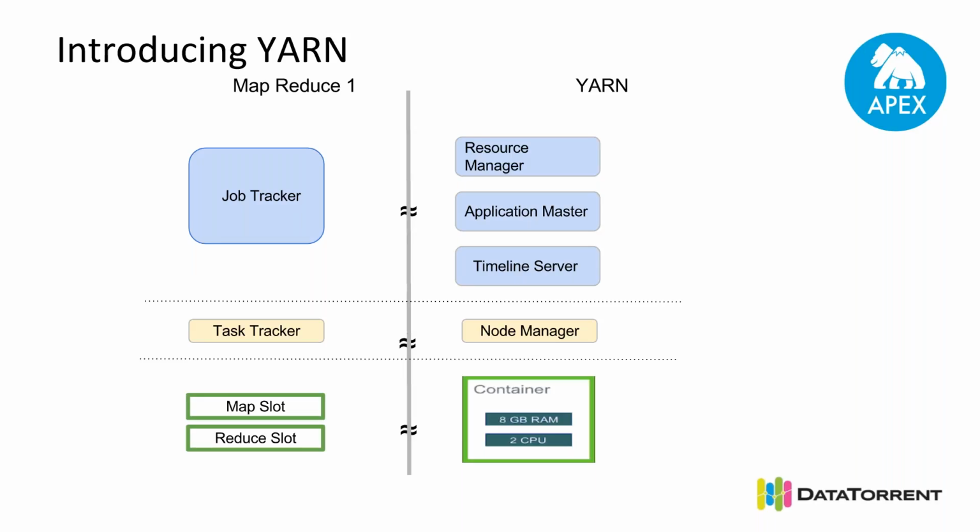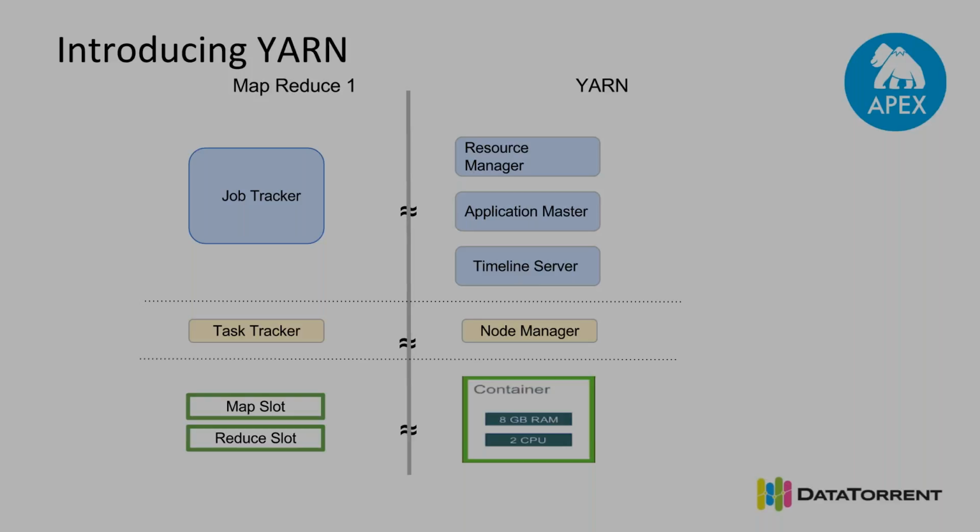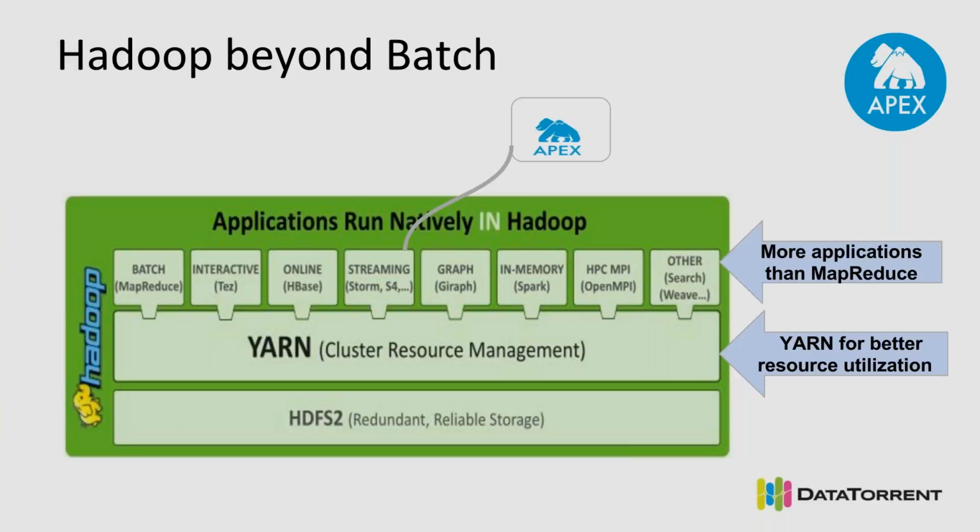Also, you can go a lot beyond this and run some simple commands or some complex logic in it. So container is a very broad term and it has helped us do a lot more than just MapReduce. This is why it is often said that Yarn has taken Hadoop beyond batch. Now, taking advantage of this architecture and infrastructure, you can do a lot more than just batch processing.